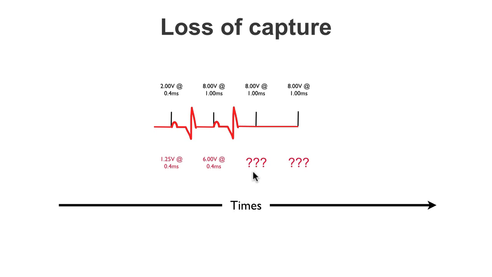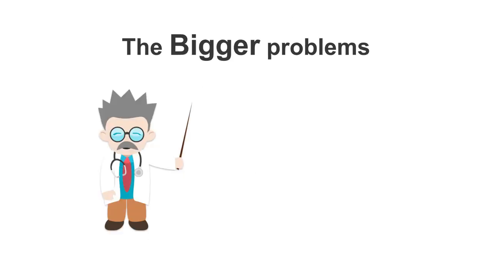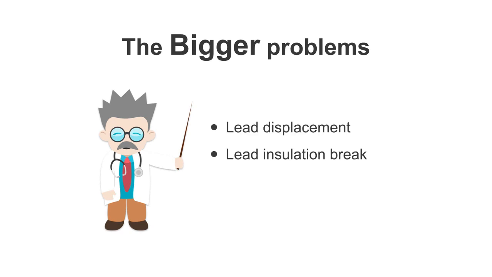No matter how much voltage we are delivering, it is not going to make the tissue depolarize. So let's have a look at a few of these bigger problems which will lead to your failure to capture. We have lead displacement, a lead insulation break, or a lead fracture.